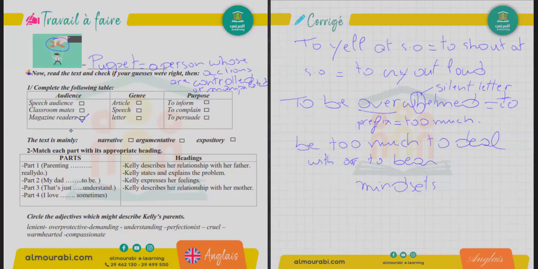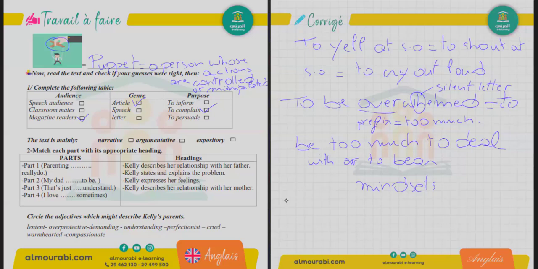True, this is written in a magazine. So if it's in a magazine, the genre, is it article, speech, or letter? It's an article. And what's the purpose of this article written by Kelly? To complain.